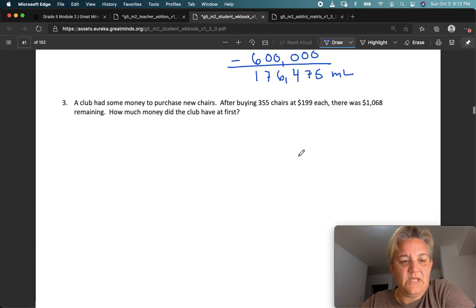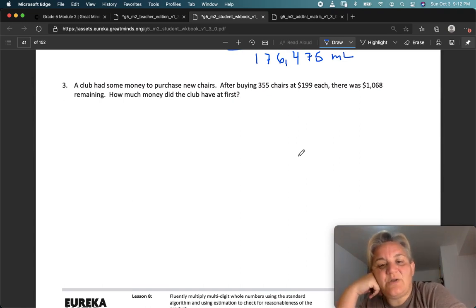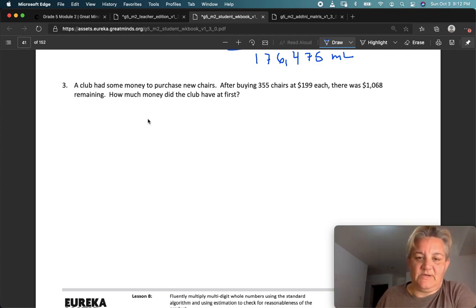Okay, number 3. A club had some money to purchase new chairs. After buying 355 chairs at $199 each, there was $1,068 remaining. How much money did the club have at first? Okay, good question.